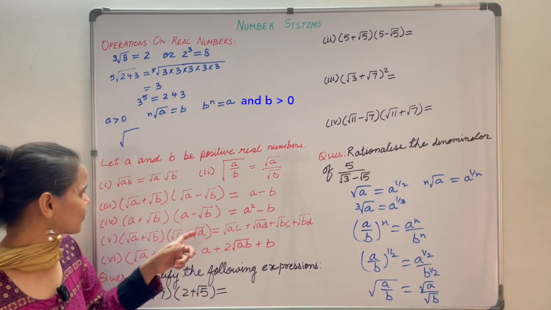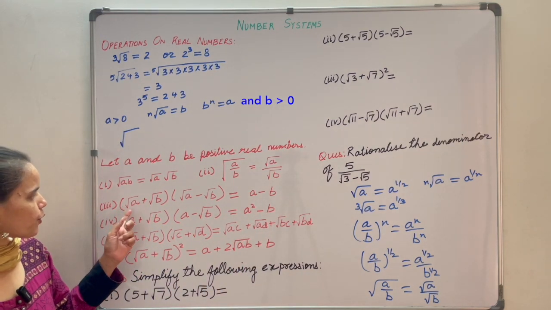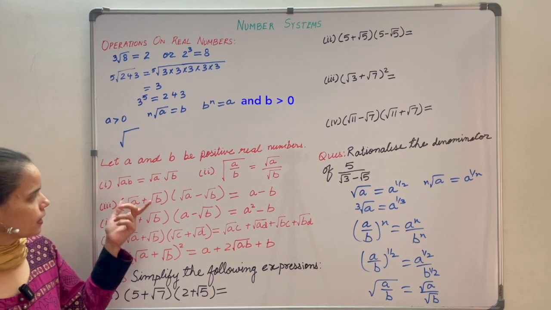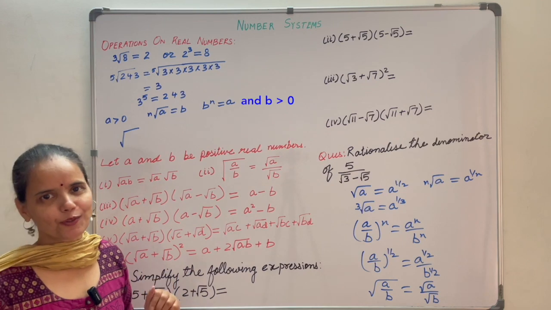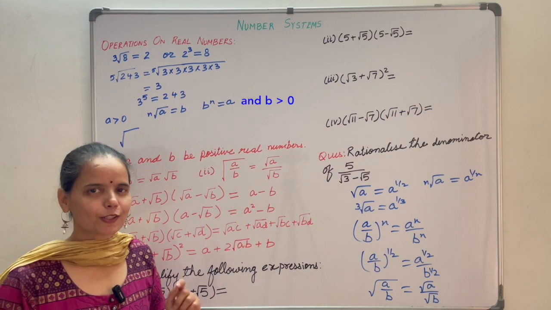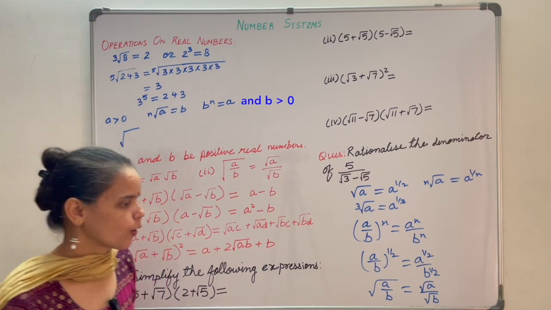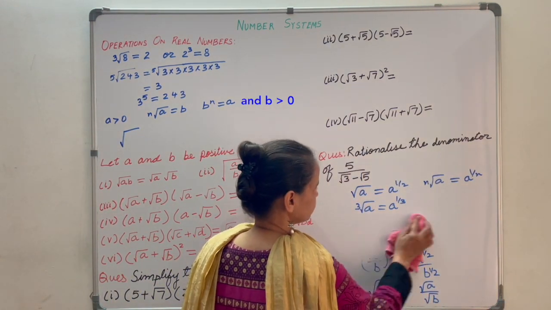Now let us move on to the third identity. Here inside the brackets you have square root of a plus square root of b. This is multiplied to square root of a minus square root of b, which is equal to a minus b. Here also we have used one identity which you have learned in your previous classes. Let me write it down.